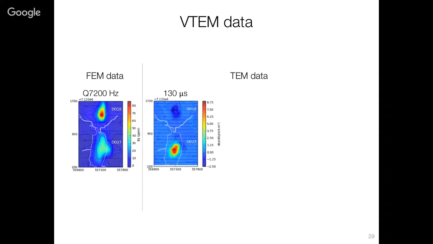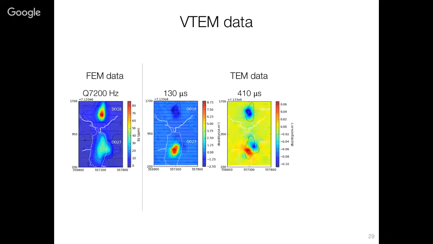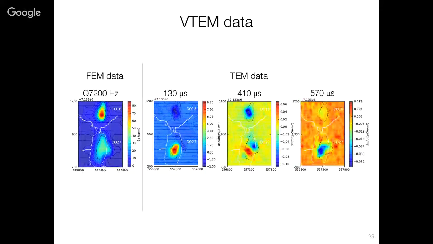And in the VTEM data, we also have something that is happening. These are very early times, 130 microseconds, and there's 410 microseconds and 570 microseconds. So the things are changing as a function of time.